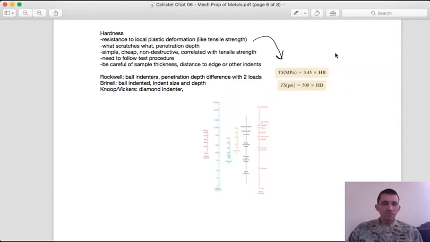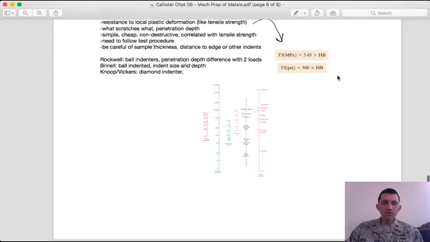However, it is sensitive to procedure, right? So how I apply the indenter, what the indenter is shaped like, what forces I'm looking at, how close together the indents are, how close the indent is to a certain other feature within the material is important. I need to follow those guidelines in order to have good results.